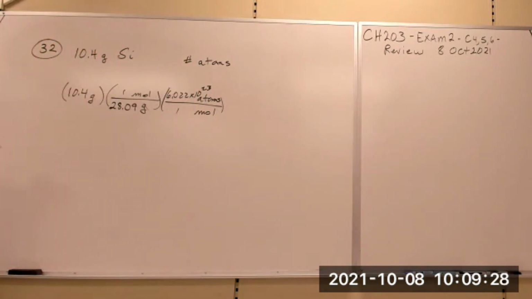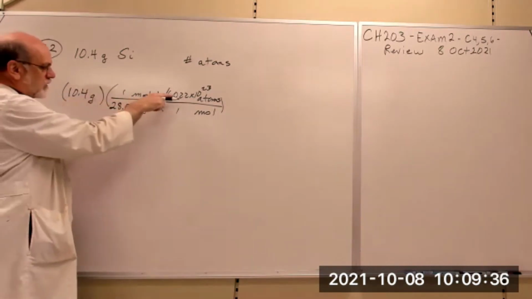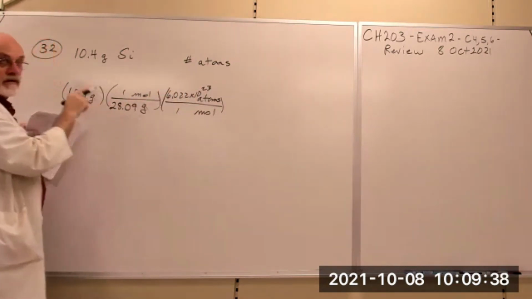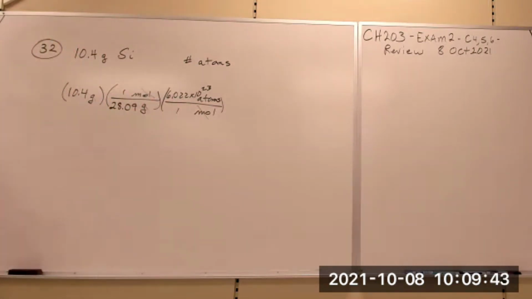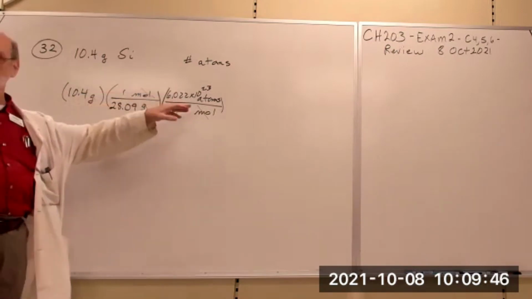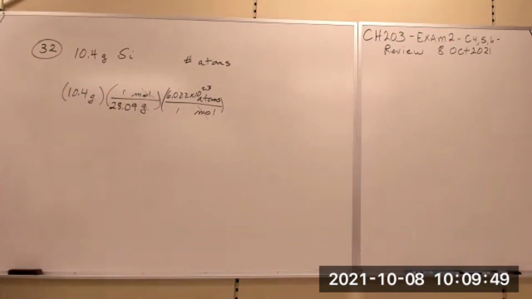And that sets up the problem. And if you really want to know the answer, you say 10.4 times that number divided by this number. And we just followed our units, dimensional analysis, make sure we cancel the units in all our conversion factors. And that'll give us the number of atoms in that mass of silicon. Okay. How many significant figures are we allowed to keep in the answer? 3, right.